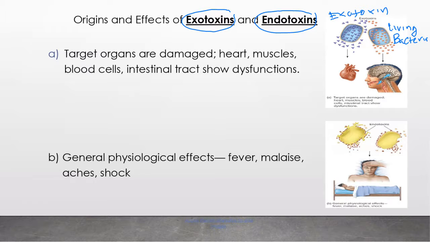Usually they will destroy the host cells, especially the heart muscle cell, blood cell, intestinal tract cells. So these are the exotoxin produced by living bacteria that destroy some of the host cells.